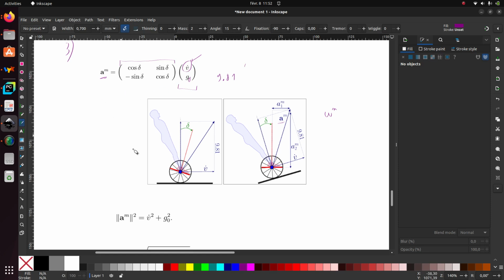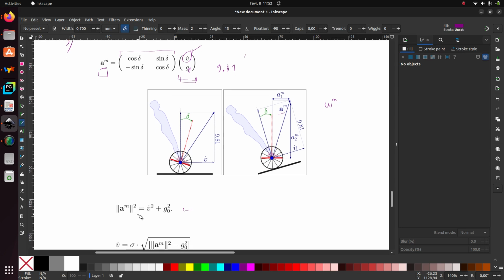To get v dot, I first notice that the norm of this vector and this vector should be the same, since here I have a rotation matrix. So since the norms are equal, I can write this relation.